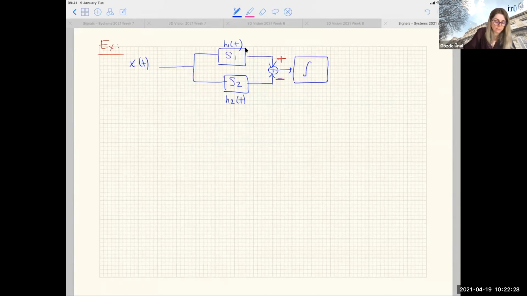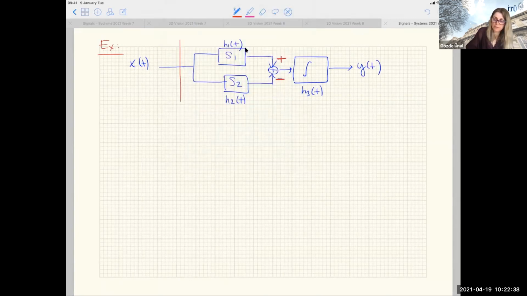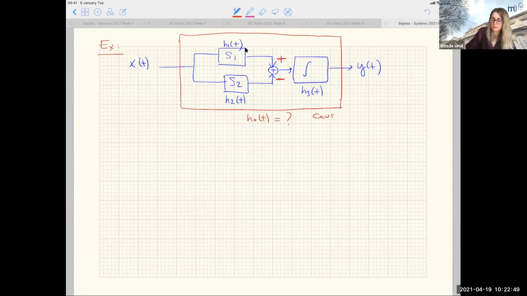So this is H3 of t, and this is y of t. I'm asking you to find the overall system and determine whether it's causal and stable. So what is H0 of t, and is it causal, and is it stable?